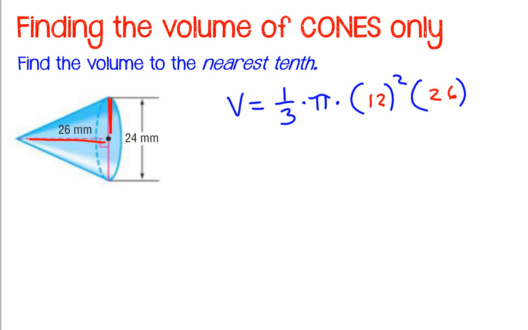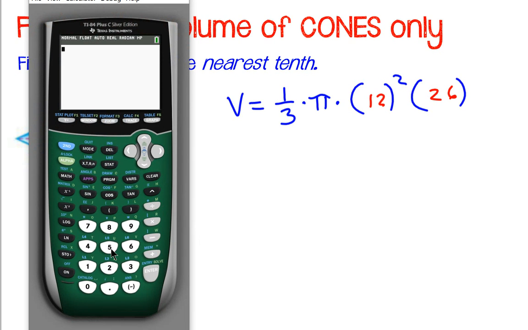Again, pick up my calculator and start typing. 1 divided by 3 times pi times 12 squared times 26. So I already know what 12 squared is, so I'm taking a little shortcut there.